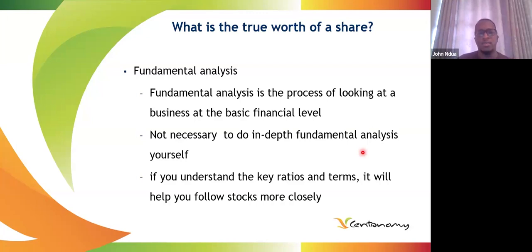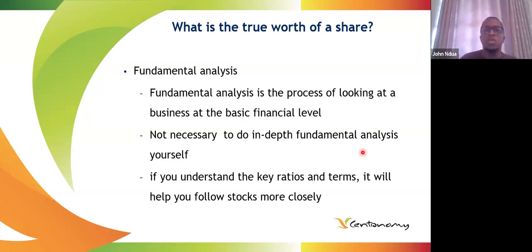And what is this thing that we're calling fundamental analysis? This is basically the process of looking at businesses at the basic financial level. It is very basic, such that anyone with the right knowledge can do it from the comfort of their home and identify these companies.